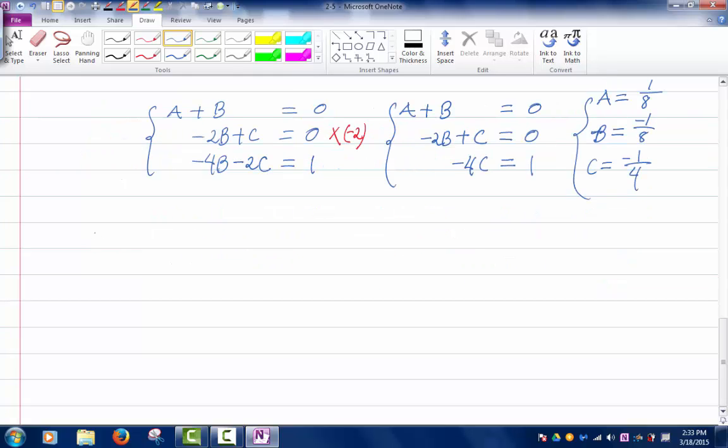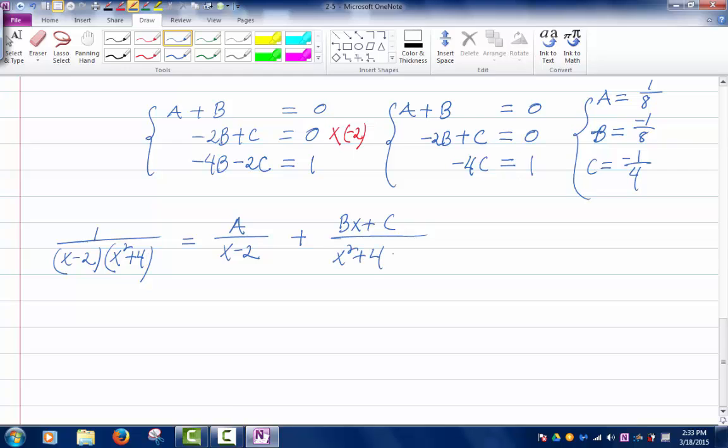We started with the fraction 1 over x minus 2 times x squared plus 4, which is, we said, A over x minus 2 plus Bx plus C over x squared plus 4. Now, what did we find? We're going to plug in what we found for A, B, and C, right?